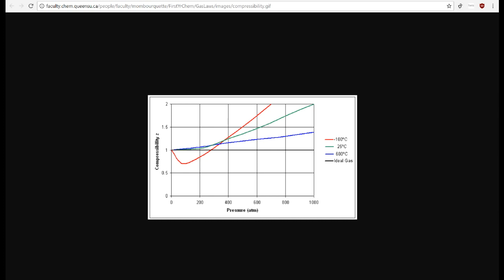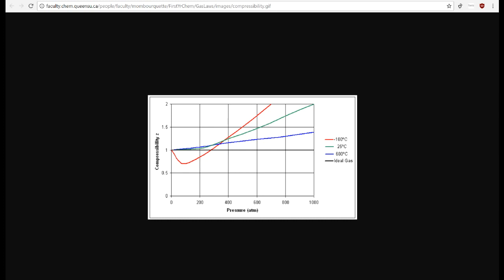Now, a couple of things to take away from this. First, look at the deviations. They go below 1, where PV is less than nRT, but really only for the coldest gas there. They all go above it, so PV is greater than nRT for all of those gases. The other thing I want you to notice is the scale down on the bottom.